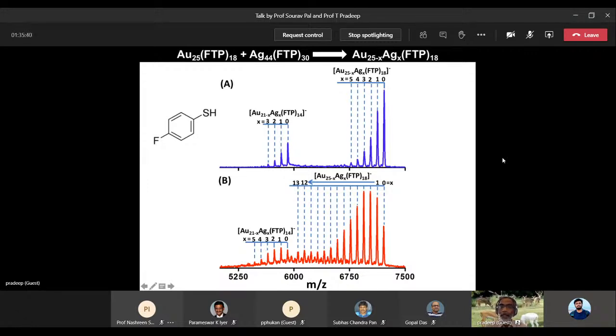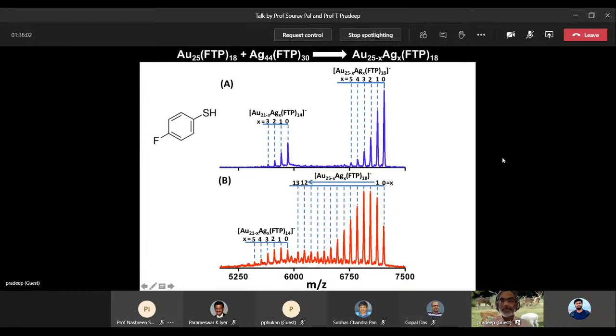So what is this peak? This peak is Au25 minus 1 Ag1 FTP18. This is 2, this is 3, this is 4, etc. So I have Au25 minus X Ag X FTP18 as the general formula for this.